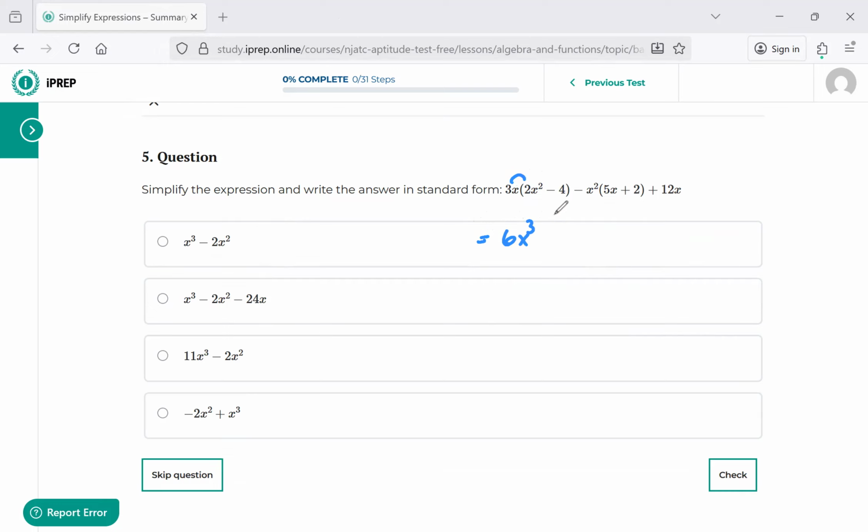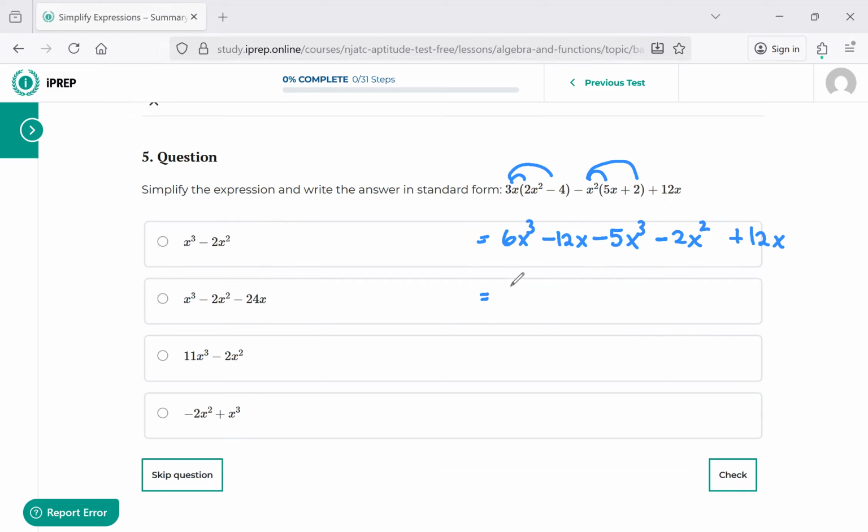X1 times x2 is x cubed. 3x times negative 4 is negative 12x. Then negative x squared times 5x is negative 5x cubed. And negative x squared times 2 is negative 2x squared. And then the plus 12x.